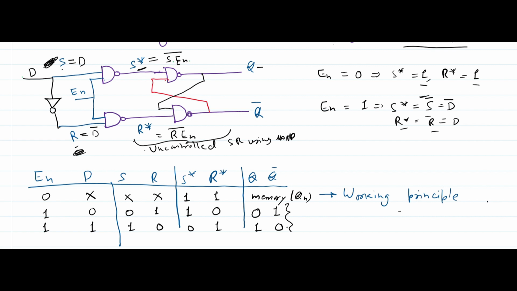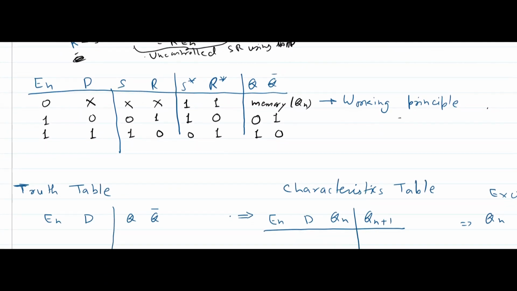Fine. And in these two cases memory is not there, and my purpose to design a latch is to use it as memory, and that purpose will not be solved. So we have to take an enable or control input. Now if you see here, using this table I can write my truth table.